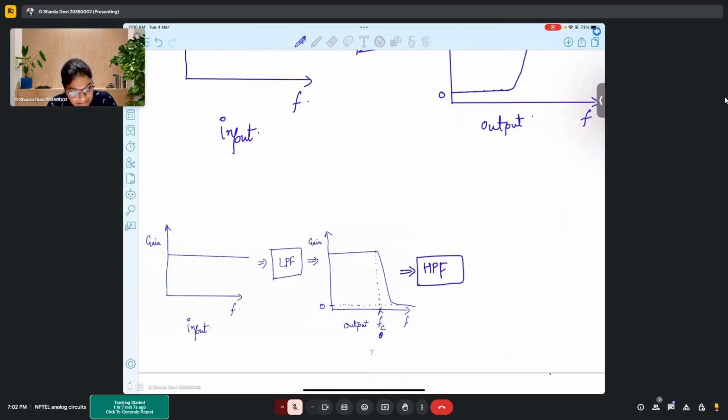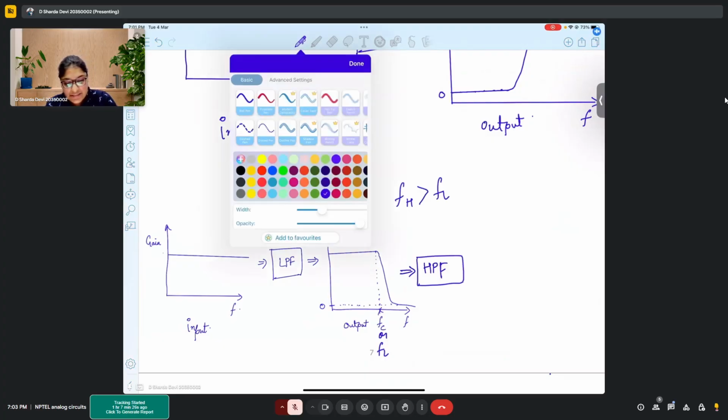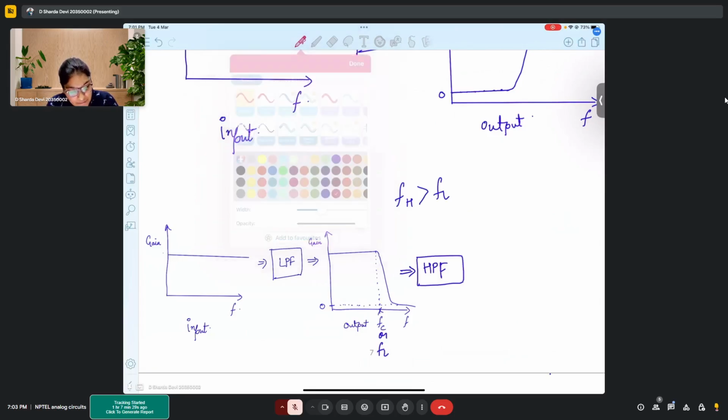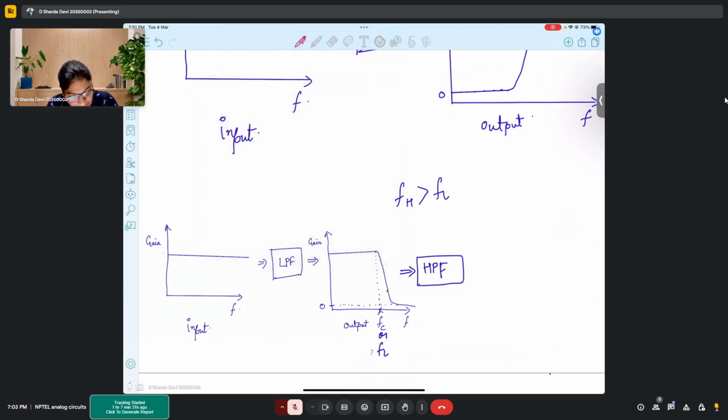So if this is FC or say FL, the idea is FH should be greater than FL, correct? This is what you all said. So now let's say my FH is here. So FH is greater than FL, right?